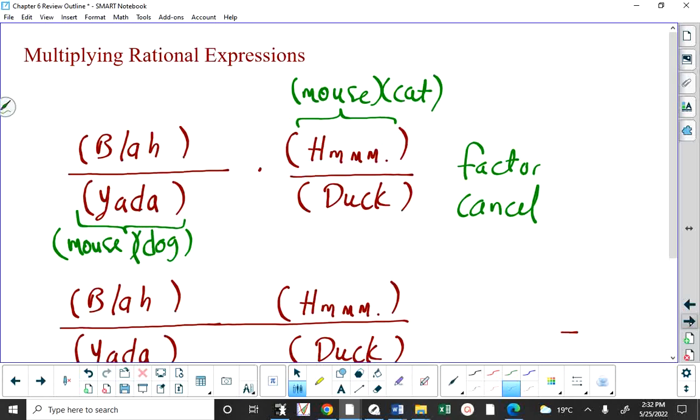Yes. Even though one is in the numerator of one expression and the other is in the denominator of the other, it doesn't matter. If it's on the top and on the bottom, it cancels. Done. By the way, you always find your non-permissible values before you cancel.